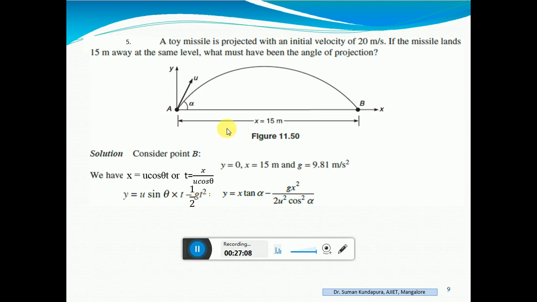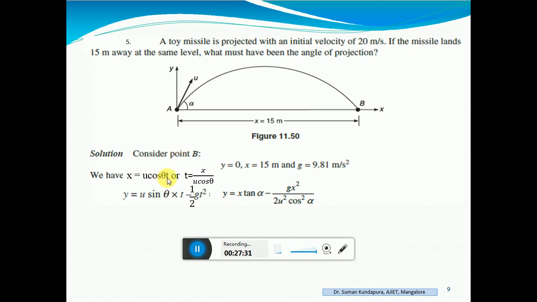Okay, so but we do not know the time t, neither do we know the, here it is given as alpha, here I have mentioned it as theta, so it is the same angle I am talking about. Okay, so we do not know t, neither do we know the value of theta or the alphas.